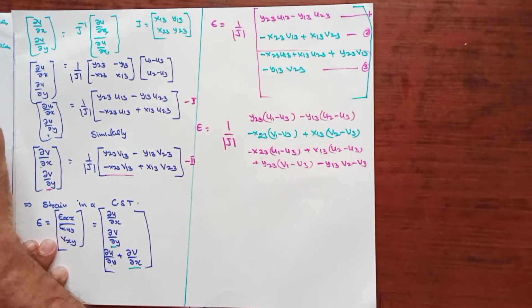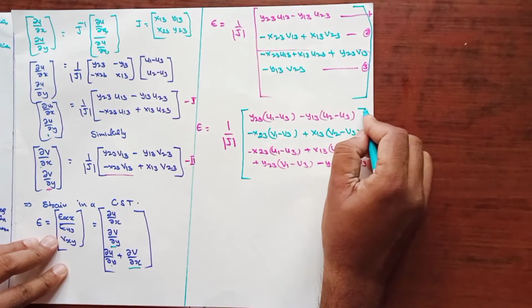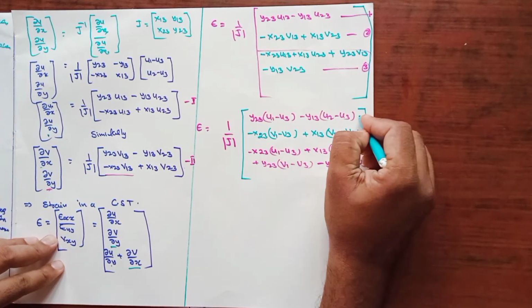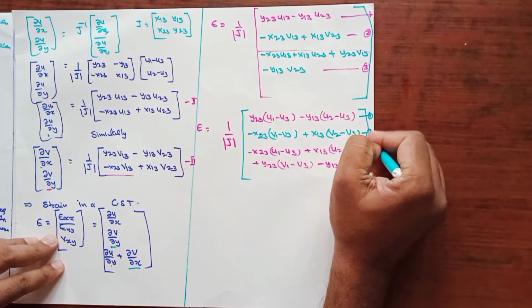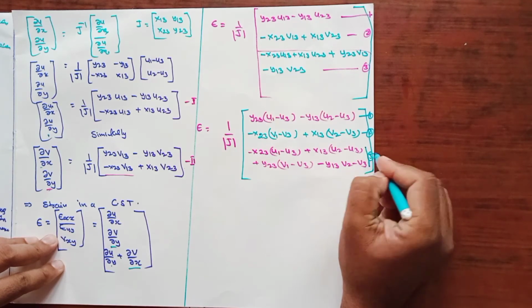So here there are 3 rows and only one column. This is the first row, this is the second row, and this becomes the third row, with only one column.